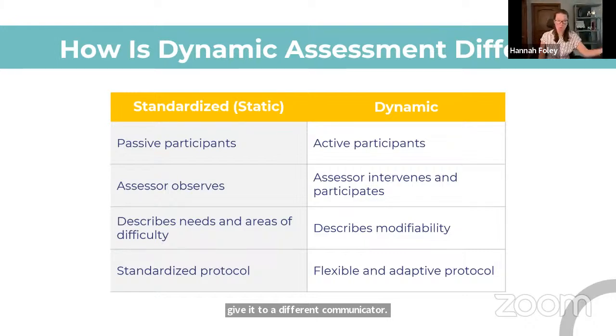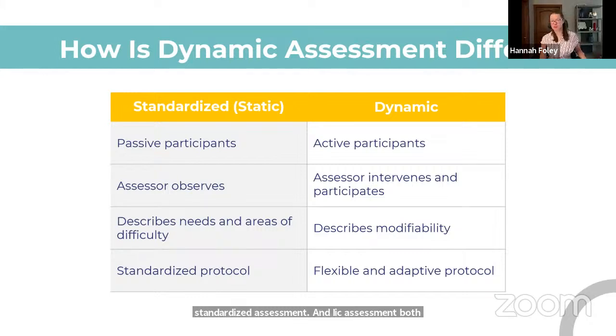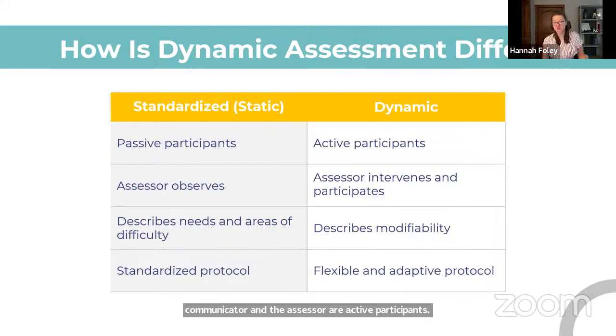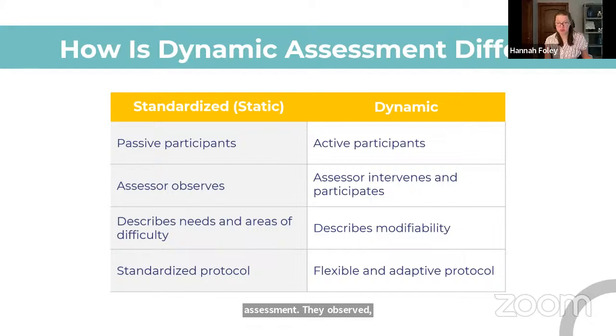Dynamic assessment is essentially the opposite of standardized assessment. In dynamic assessment, both the communicator and the assessor are active participants. The assessor actively participates, intervenes, and supports the communicator's learning during the assessment. They observe, hypothesize, and then provide support to try to enhance the communicator's performance.